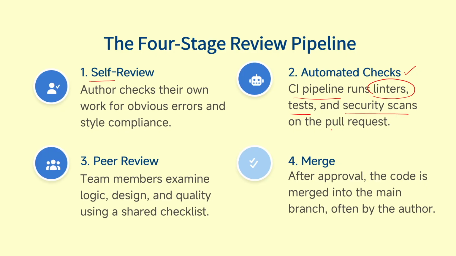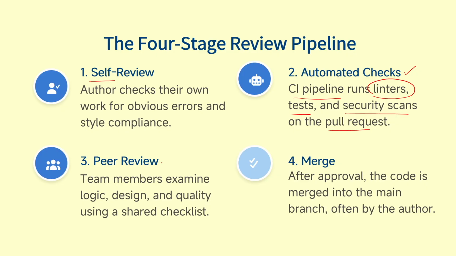And also during the pull request. If you have stored something in the centralized repository, when you pull down and then push it up, every time there will be an automated check on whether it is following the style and has any syntactic errors. The third one is the peer review. By the name we can understand it is done by another person with similar domain knowledge.